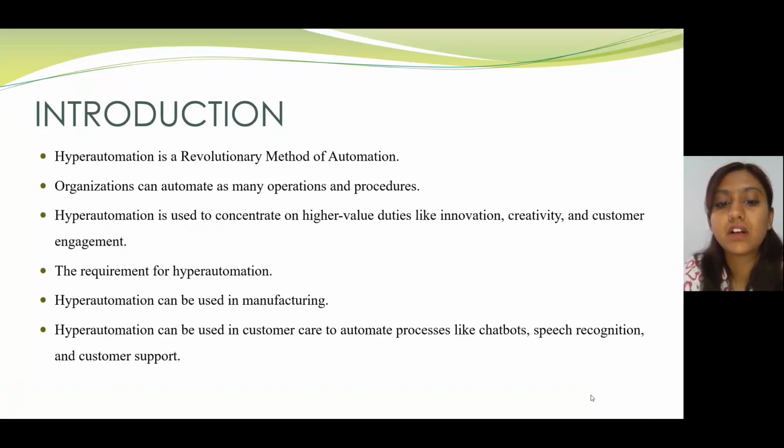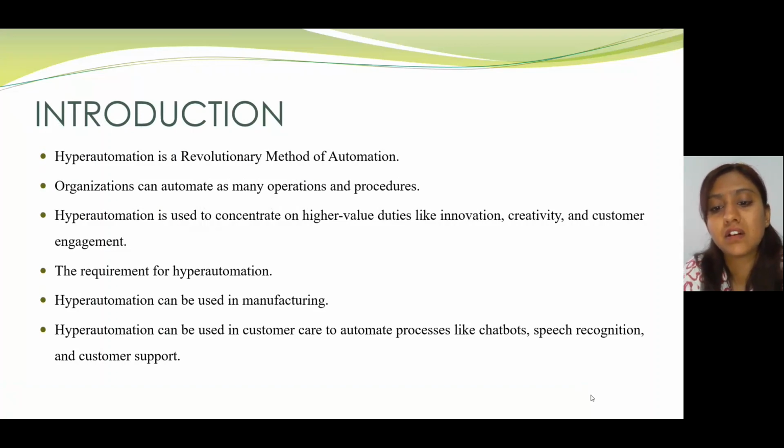But on the contrary, hyperautomation enables a business to automate all operations that cut across numerous divisions, systems and applications. Many different industries and use cases, including finance, healthcare, manufacturing, and customer service, can benefit from hyperautomation. It can be used in the banking industry to automate processes including loan processing, fraud detection, and compliance monitoring.